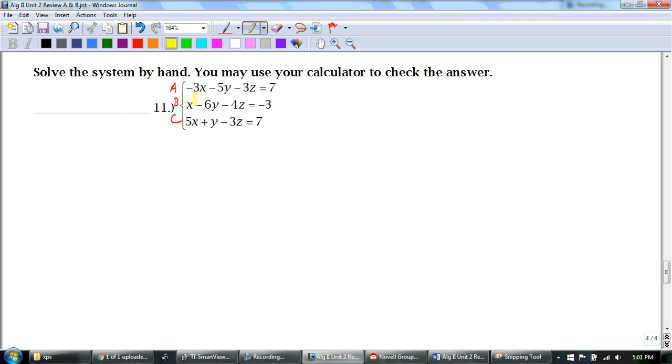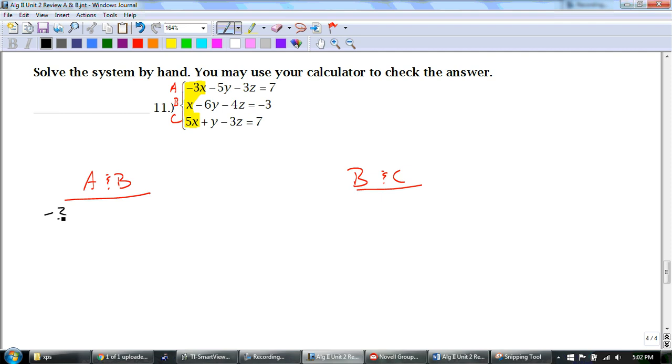Now, looking at all of these, I think the easiest to cancel in all of these cases is our x's, okay? We can look at a and b, and then we can look at b and c. Okay, so I'm just going to write down ab real quick.